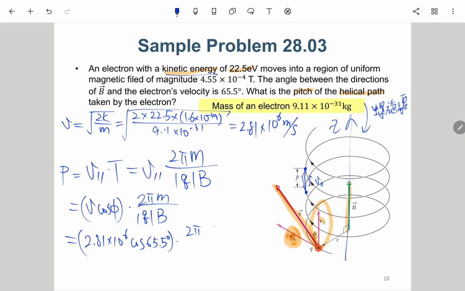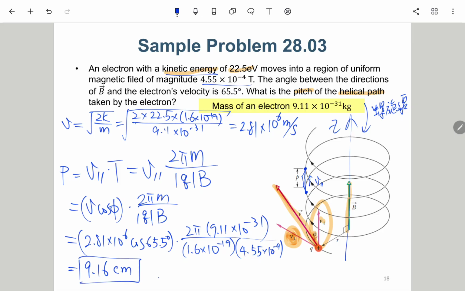Then 2 pi m, with m being 9.11 times 10 to the negative 31st, over 1.6 times 10 to the negative 19th, and the B field, which is 4.55 times 10 to the negative 4th. So this is 9.16 centimeters. This is the pitch of the helix.